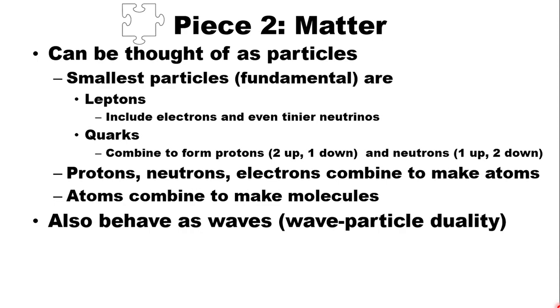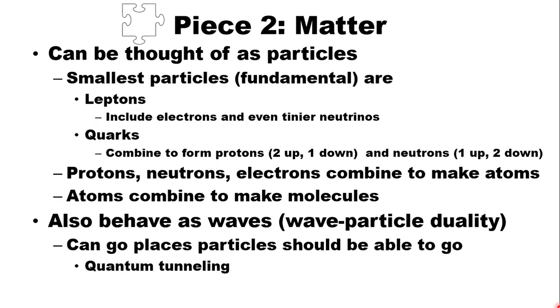But we learned from quantum theory that matter can also, and in fact needs to be thought of also as waves. That's the idea of wave-particle duality. And the important concept for us that comes out of this is that idea of quantum tunneling, the idea that subatomic particles can actually go places, do things, appear in places that they shouldn't be able to if they're only particles, because they can also move as waves.